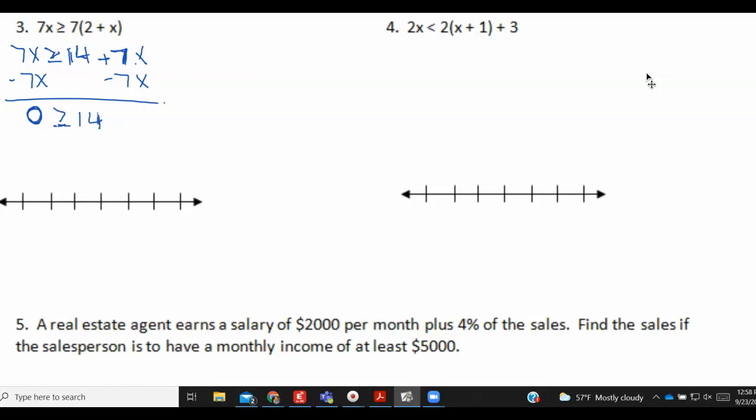Is 0 greater than or equal to 14? No. So this is a case of no solution. There are no values of x that will ever make that true.